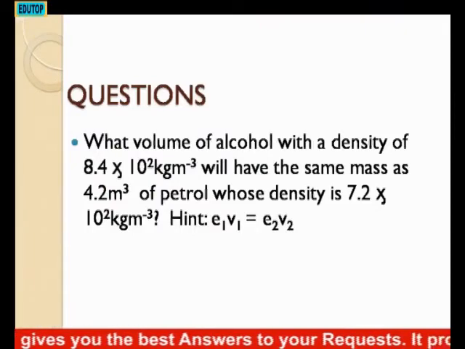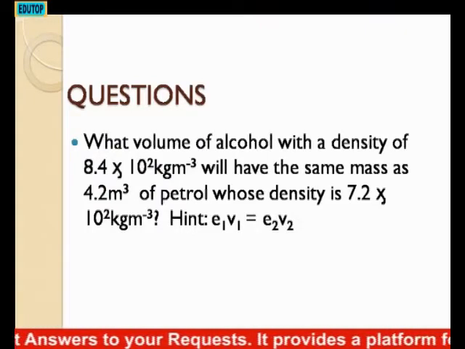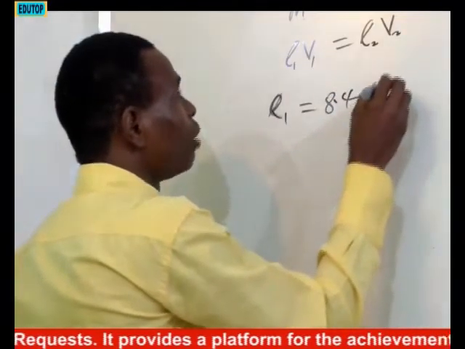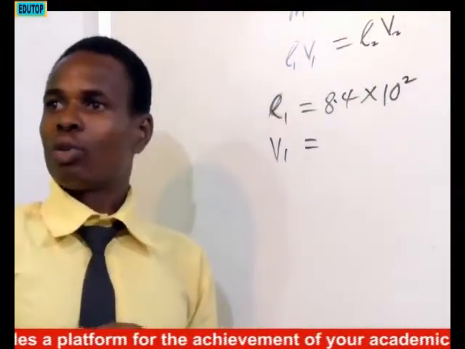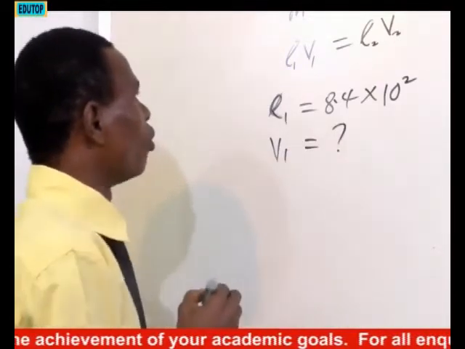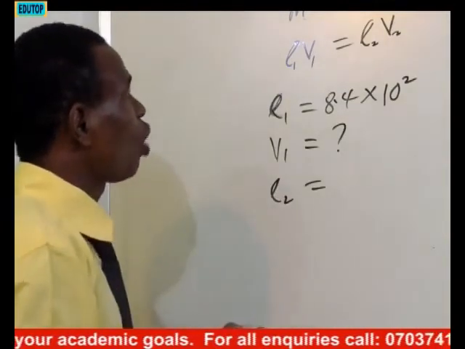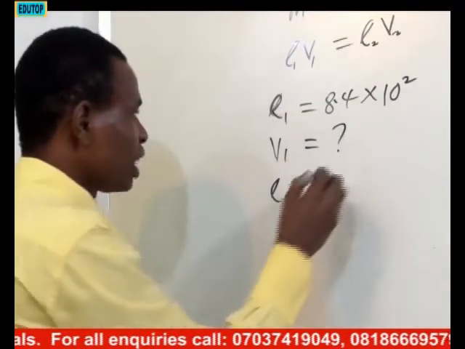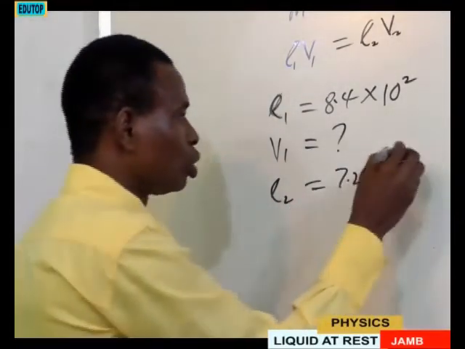What volume of alcohol do we get? Let's take our rho 1 to be the density of alcohol, which is 8.4 times 10 raised to power 2. We are told to find the volume of alcohol. That is what we are looking for. Let's take our rho 2 to be equal to the density of petrol, which is 7.2 times 10 raised to power 2.